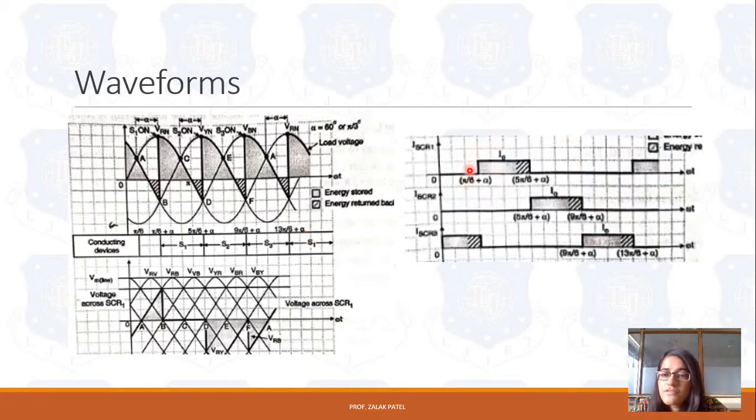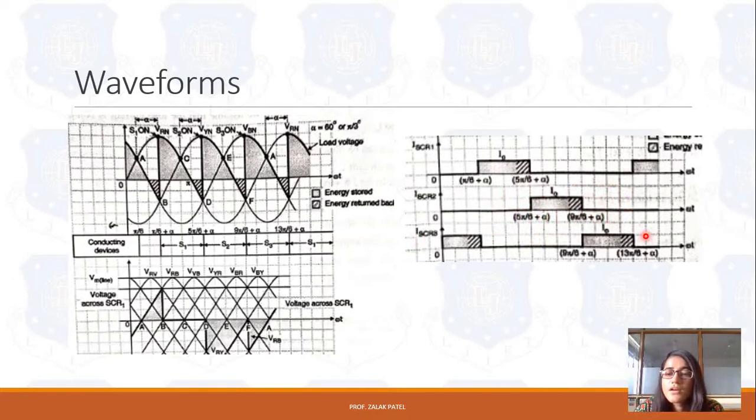So you can see that SCR1 gives the maximum current in the interval pi by 6 plus alpha to 5 pi by 6 plus alpha. In mode 2, SCR2 will be operated, but the other two SCRs will remain off. So that's why over here only this current is there, from 5 pi by 6 plus alpha to 9 pi by 6 plus alpha.